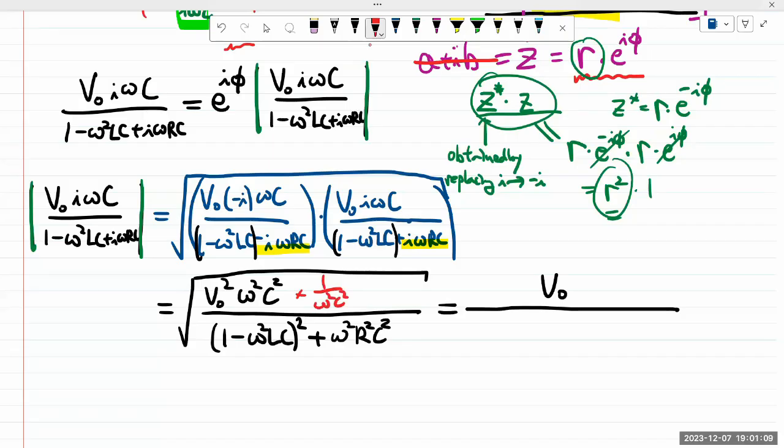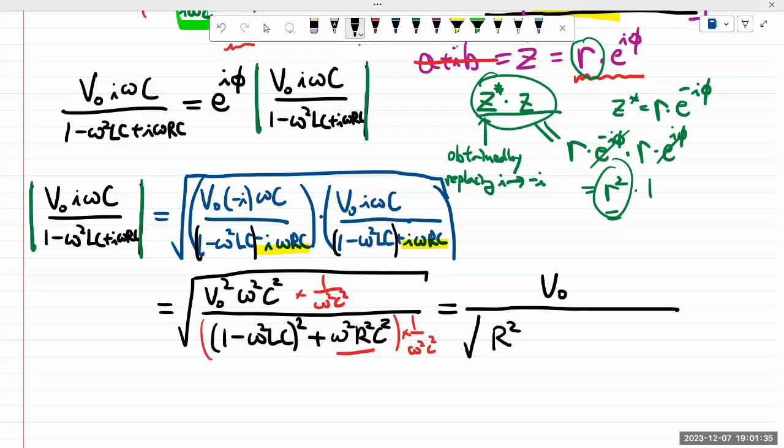I think that'll eventually end up looking a little bit simpler. So out of this term, omega squared C squared gets cancelled out when I multiply top and bottom by 1 over omega squared C squared. So this will be R squared.